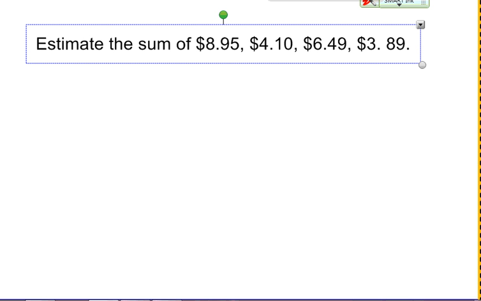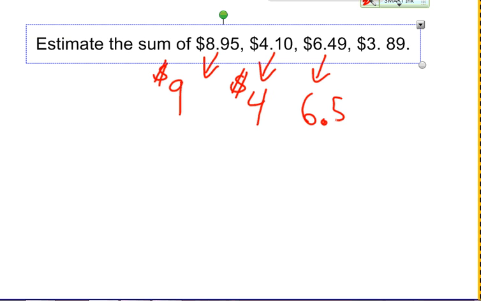However, we see using rounding as an example, let's try this one. It says estimate the sum. I'm going to look at these numbers and add them together. Here I'm going to round to the nearest whole dollar. That's going to be $9. And here, that's $4. And here, this is an interesting number. It's real close to $6.50. That's pretty easy math, so I think I'm going to leave it like that. That's kind of a compatible number.